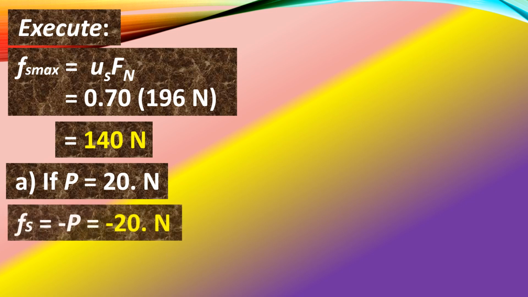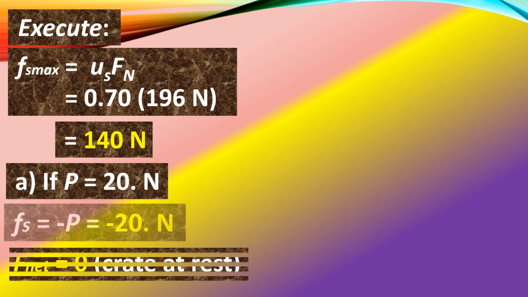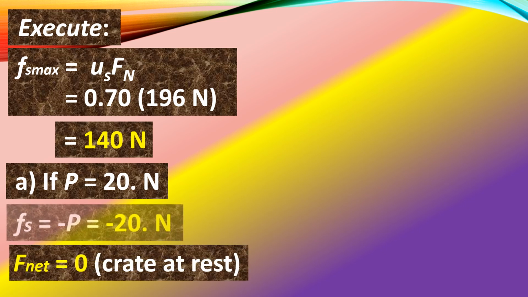Newton's first law, or the law of static equilibrium, requires the net force, or the resultant force acting on the body, if the body is at rest, to be equal to 0.